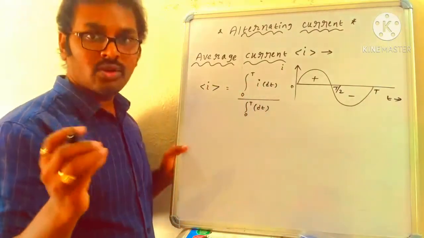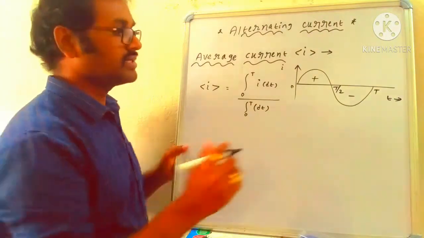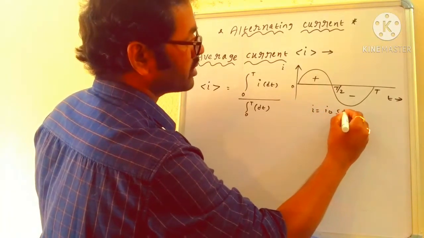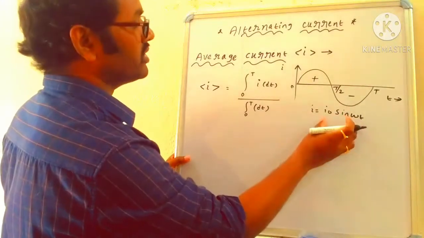For the alternating current, the general expression is I is equal to I naught sine omega t. Now place this equation here.